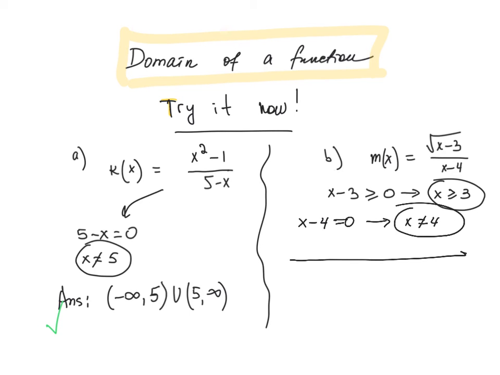Now, let's show it on the number line. You don't have to, but it always helps. So 3, it says or equal to. You see right here, we said it can be equal to 3 because if x is 3, the numerator becomes 0, which is okay.